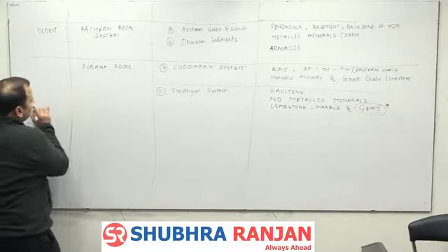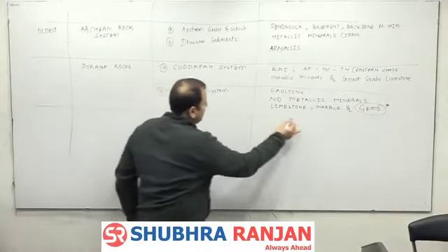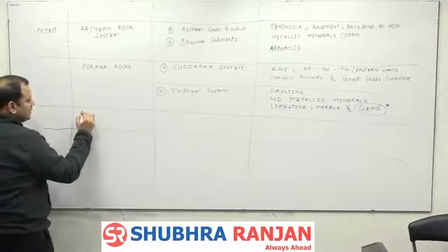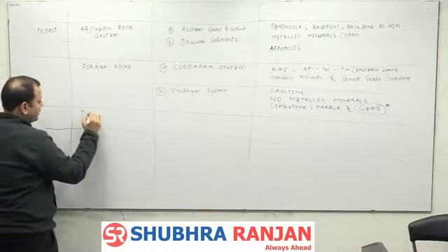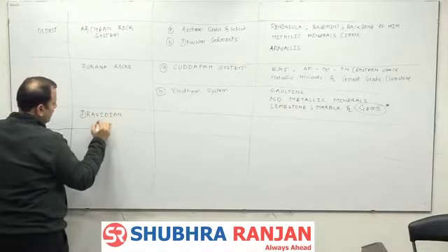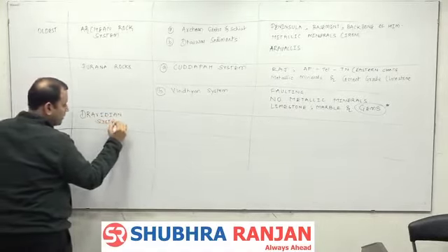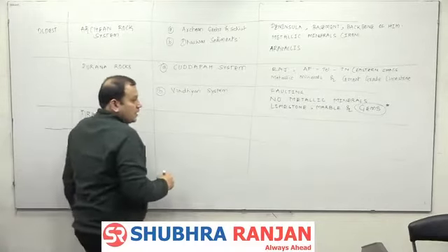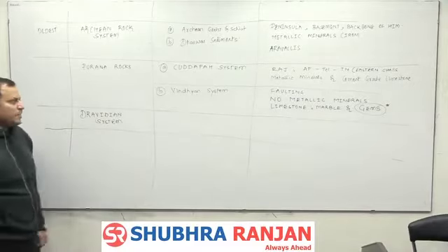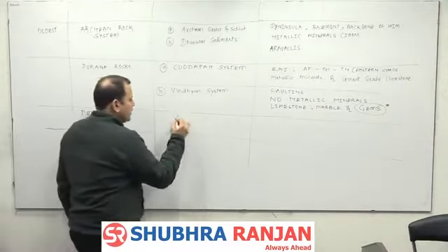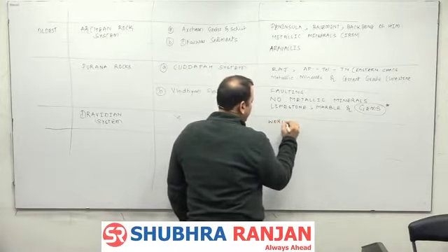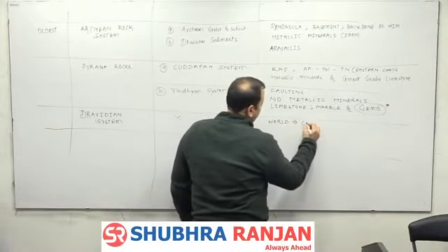Then we have the next rock system, the Dravidian rock system. This coincides to some extent with the Carboniferous period, but it is not important in India. In the world, not in India, this is important for coal.